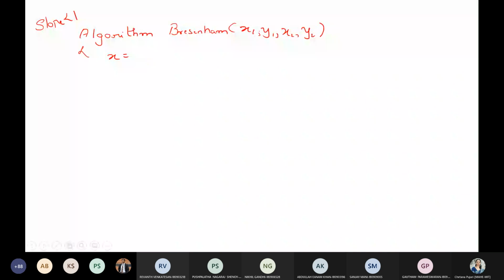So initial value is the initial point which you are making use of. We have x equal to x1, y equal to y1. This point. Calculate the difference, which is x2 minus x1, because x1, y1, x2, y2 is given. Okay, so we are calculating the difference, that is delta x, which is x2 minus x1, and delta y, which is y2 minus y1.